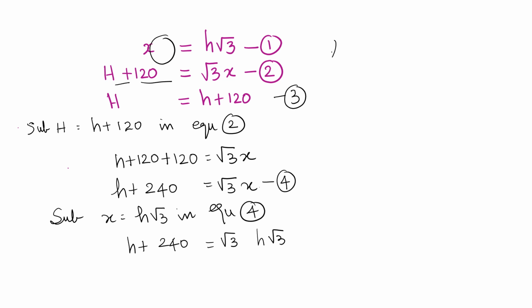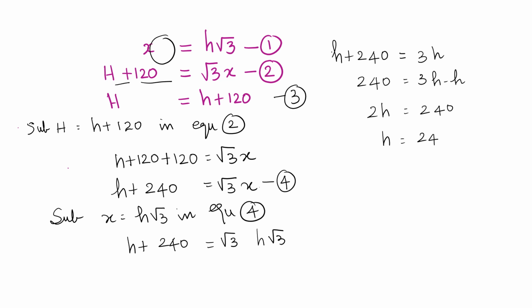So h plus 240 equals 3h. So 240 equals 3h minus h, so 2h equals 240, h equals 240 by 2, which is 120 meters.